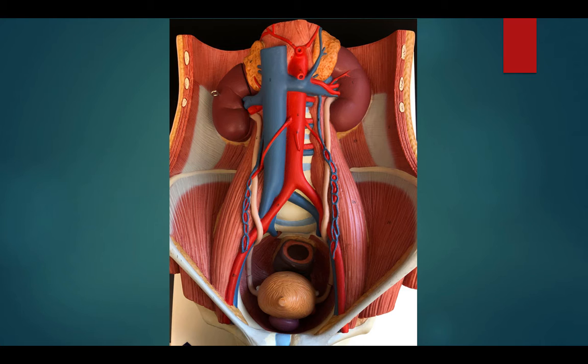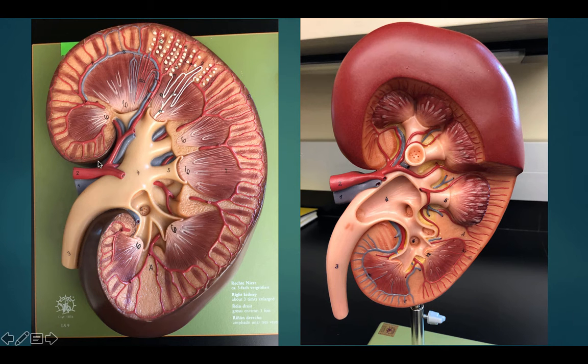Okay, so when we talk about the kidneys, they have this concave side on the medial surface of the kidneys, and we call this area the renal hilus. So here again would be the renal hilus right here, this little concave area.